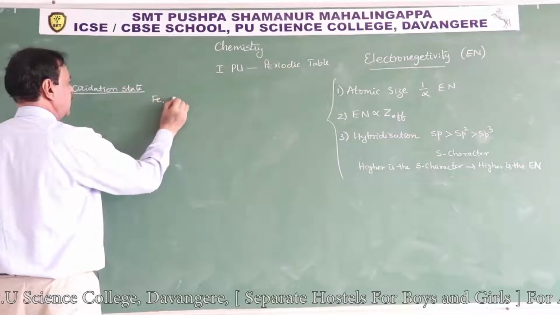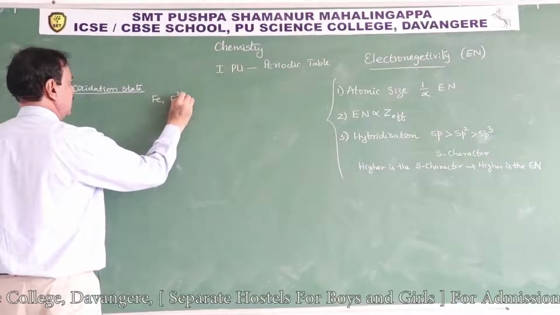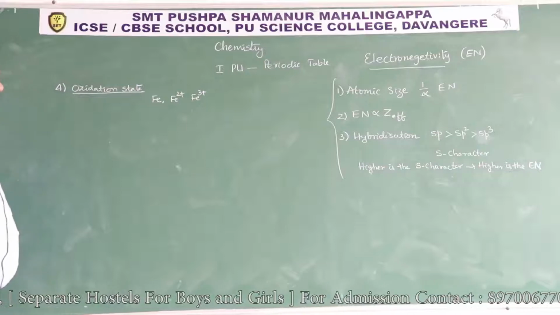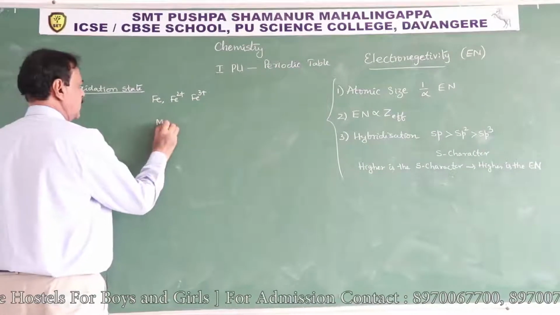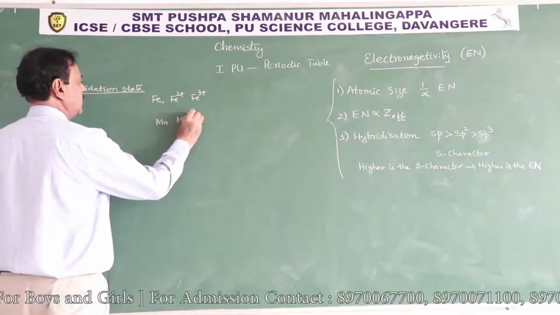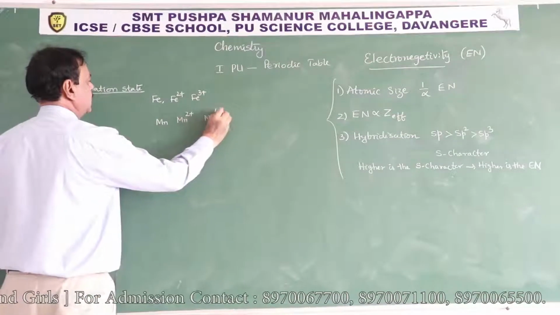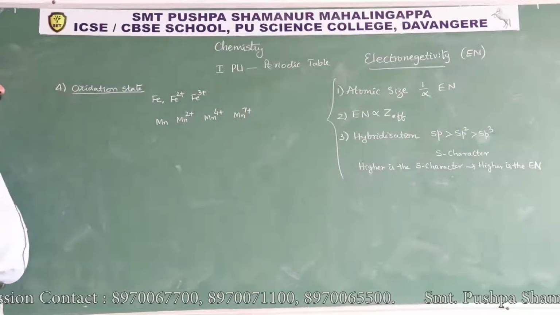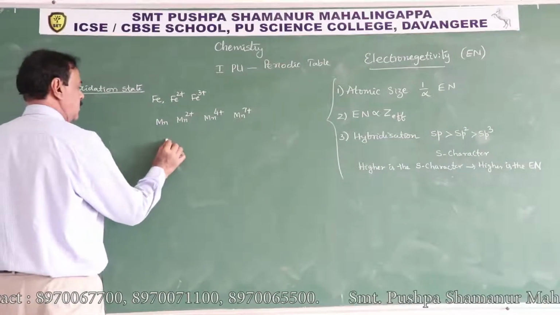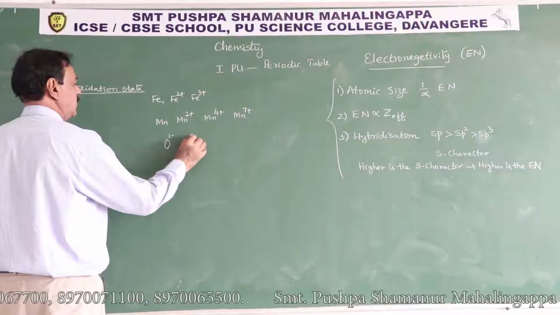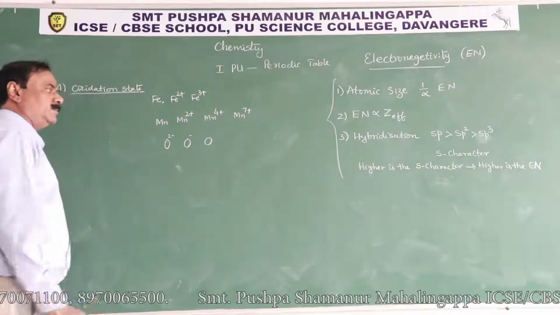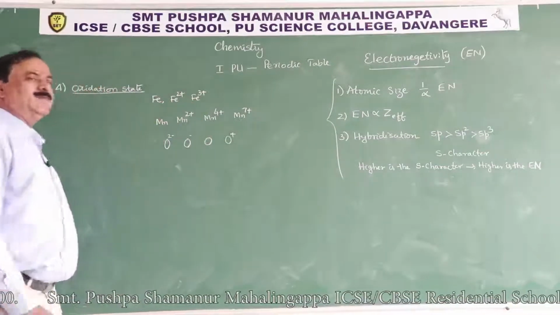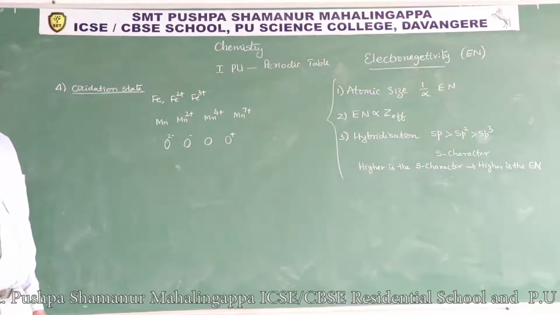Fe, Fe2+ or Fe3+, or Mn2+, Mn4+ or Mn7+, because manganese possesses all the oxidation numbers. Or O2-, O-, O and also O+. Now which one of the following possesses the highest electronegativity value?